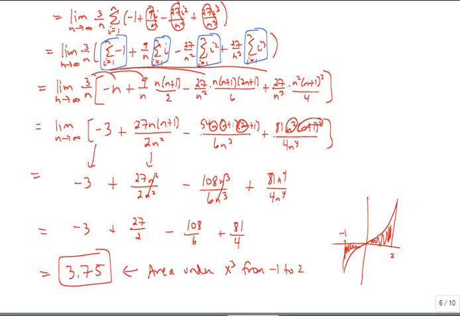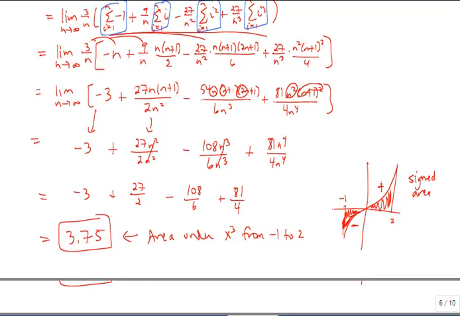Now this is actually called signed area because when you have area that's below the x-axis, this is actually negative area. And area that's above the x-axis is considered positive. So this will be minus and this will be plus. So the fact that we ended up with a positive answer means we have more positive area than we do negative area, so that the net area overall ended up being positive. Okay?